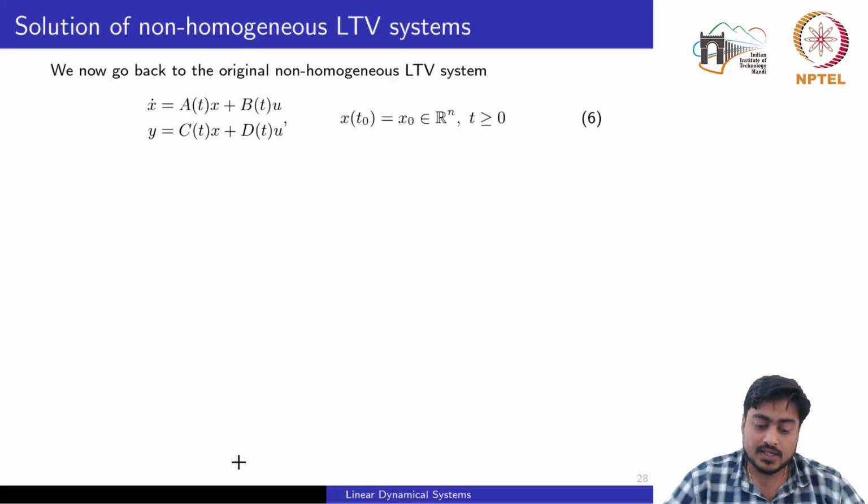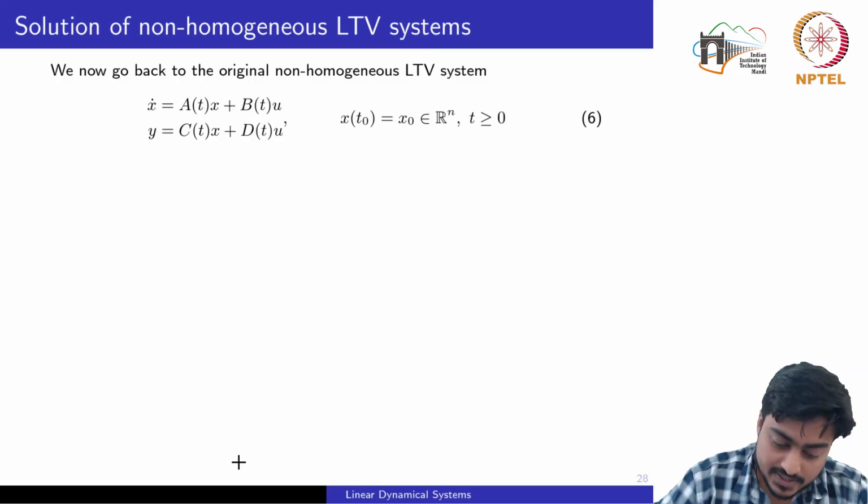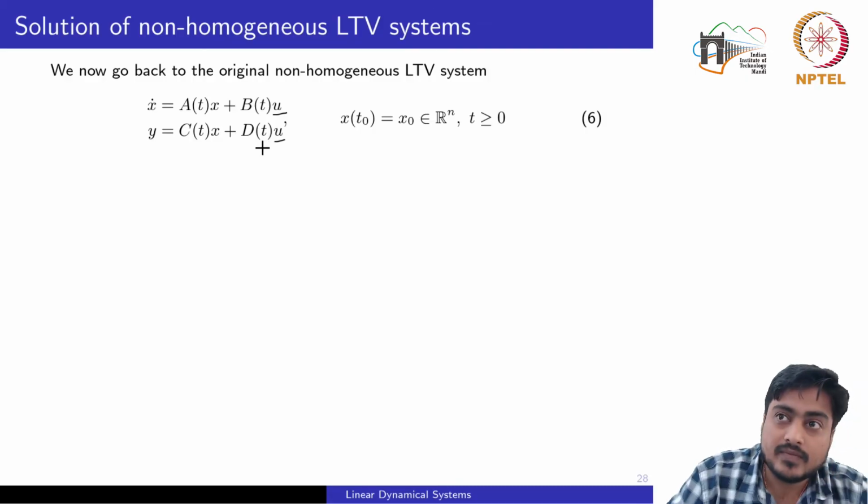Now we can go back to the original non-homogeneous LTV system, where we have now included the U as well. The rest remains the same, that we have the initial condition at t equal to t naught, which is given by x naught.